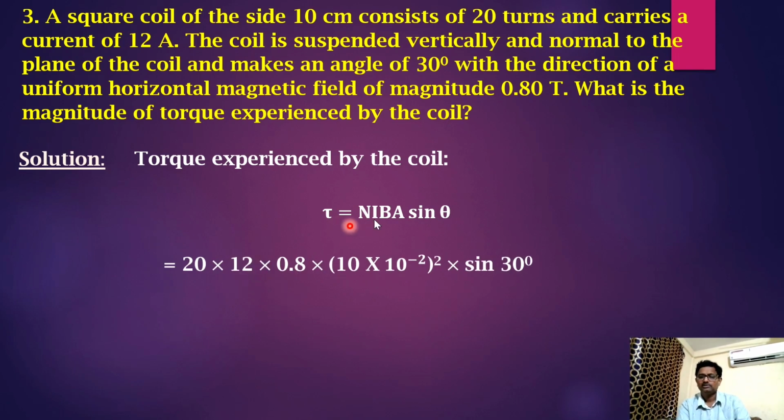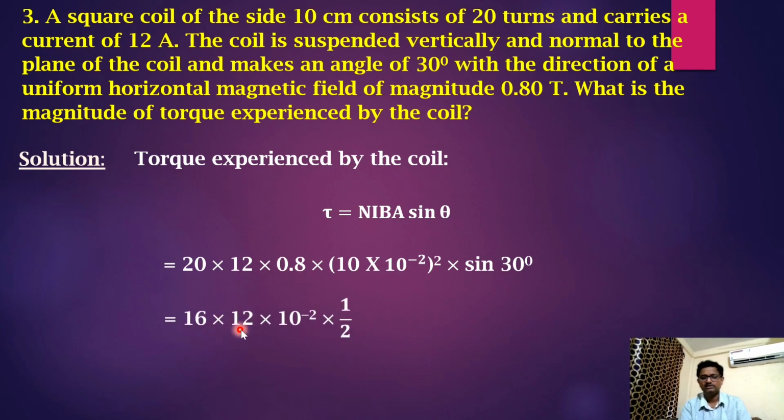In place of N, I substitute 20 turns, into I 12 ampere, into B 0.8 Tesla, into A, the area of cross section. It is a square whose side is 10 centimeter, so side into side, 10 into 10 power minus 2 meter whole square, into sin theta, 30 degrees, so sin 30.